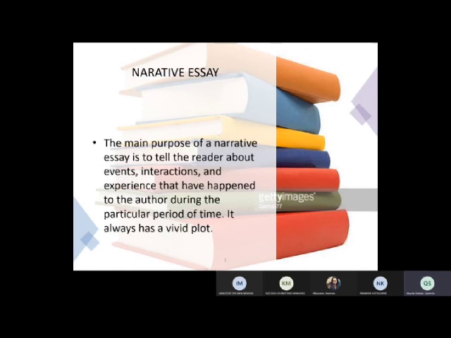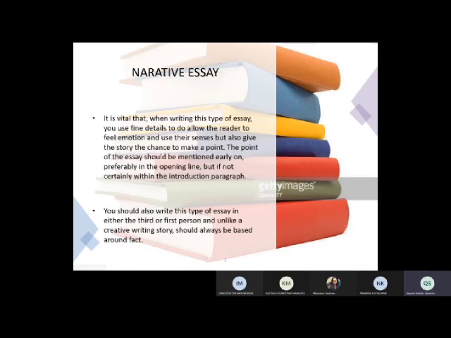The main purpose of a narrative essay is to tell the reader about events, interactions, and experiences that have happened to you during a particular period of time. It always has a vivid plot, right? So you will see that the narrative essay focuses a lot on the plot, so events and things, sharing things that actually happened.